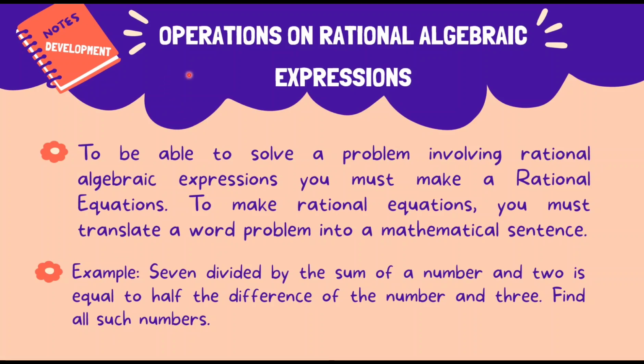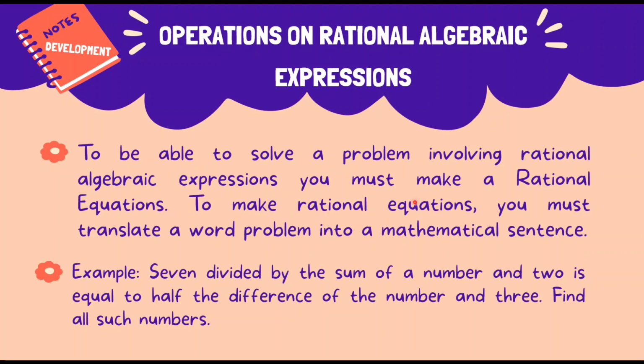Under these operations on rational algebraic expressions, we also have what we call rational equations. To be able to solve a problem involving rational algebraic expressions, you must make a rational equation. There are problems that involve rational algebraic expressions, which is why we need to construct a rational equation.